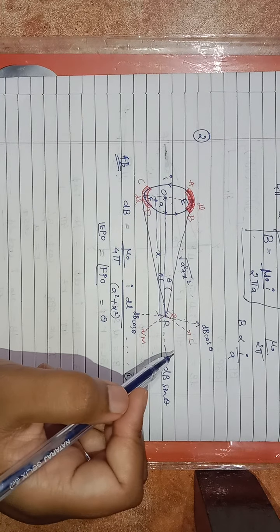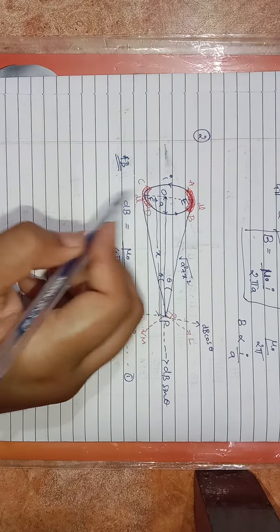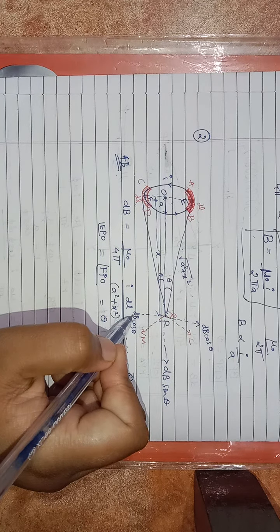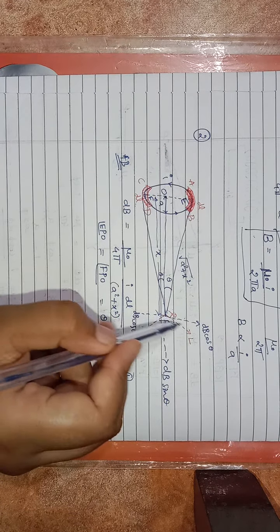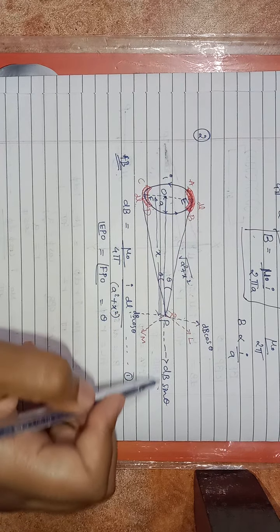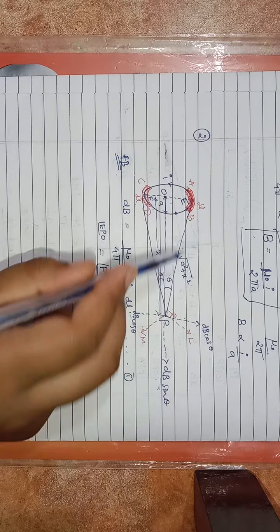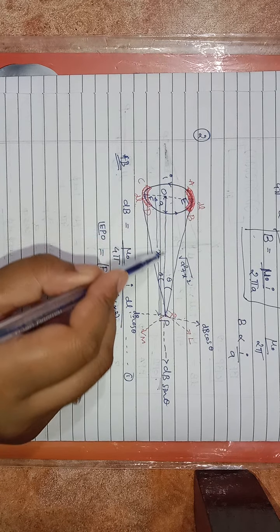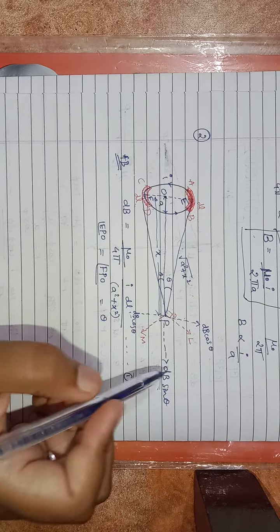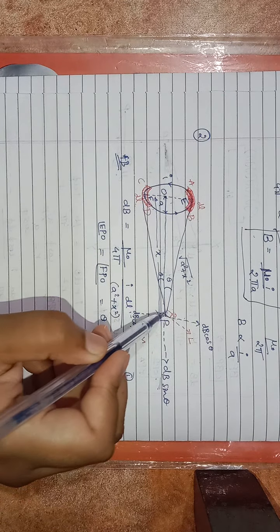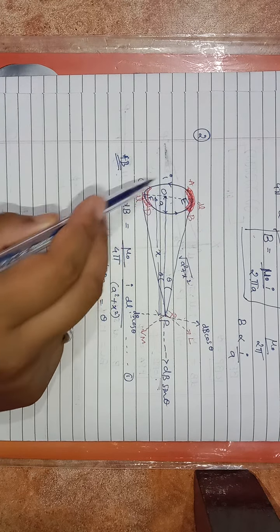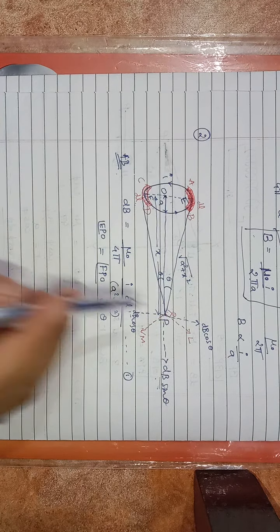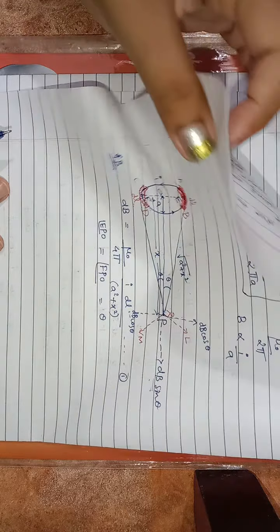Here we get two dB sin thetas, one from AB, one from CD, and they are along the axis. Understood? The total magnetic field at point P, not only from AB, not only from CD, but due to the entire coil, we have to write. That's why we are considering all these components.